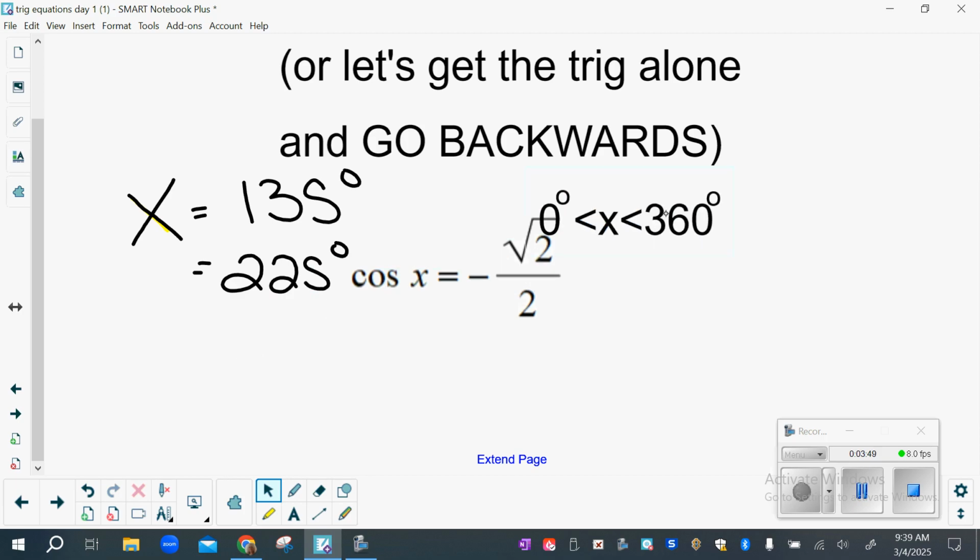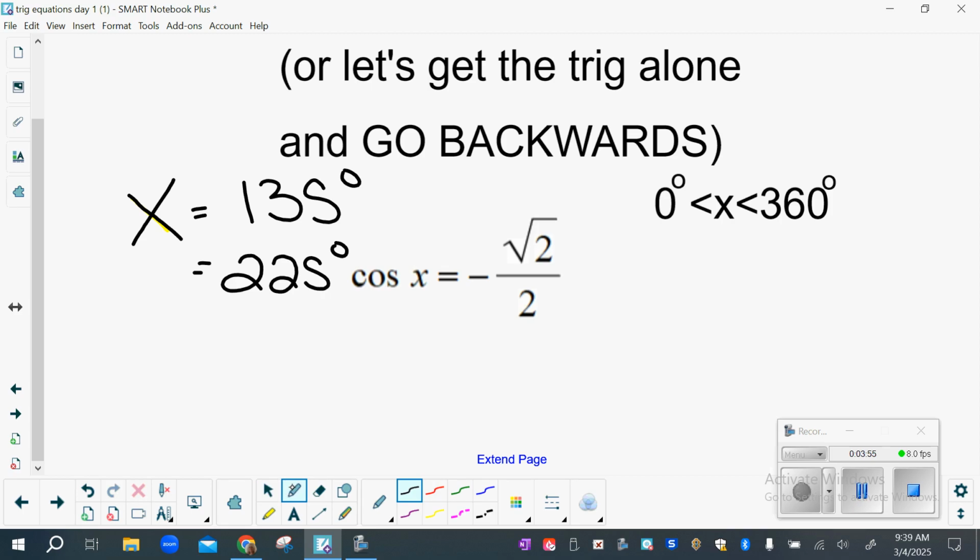And you're thinking, Miss T, what the hell does that mean? Here's what I need to tell you. 135 and 225 are the answers I want for this. Because they're what's on your unit circle. But you know you can go around the unit circle more than one time.